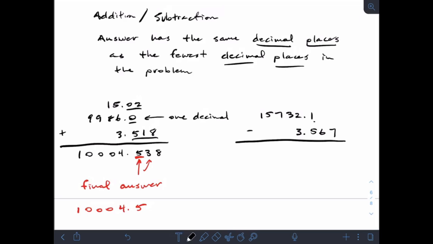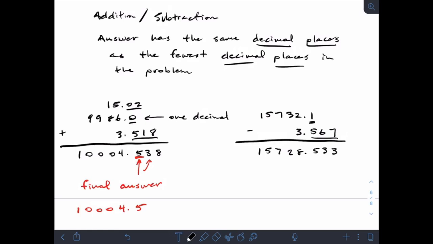Right, this top number has 1 decimal place. The second number has 3 decimal places. So I want my final answer to have 1 decimal place. So when I plunk this into the calculator, what I get back is an answer that is 15728.533.